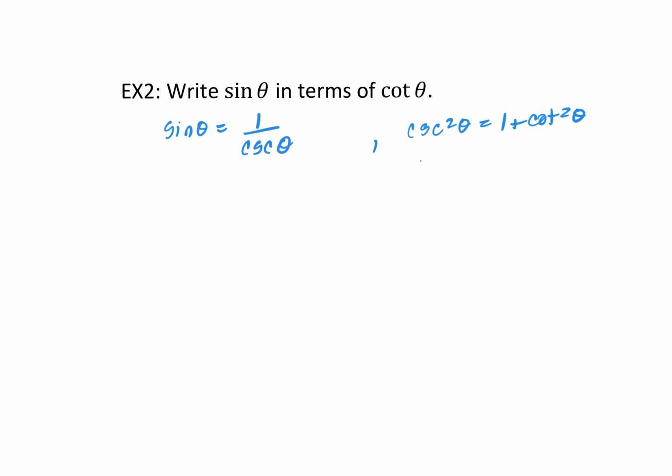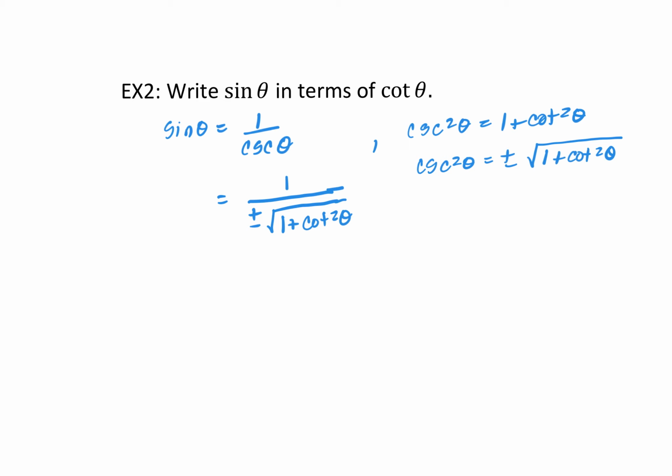So I'm going to solve for the cosecant by squaring both sides and remembering that there's a plus minus in front of this square root. It becomes a plus minus the square root of 1 plus cotangent squared theta. If I knew what quadrant this was in, I could choose the negative or the positive, but I actually don't. So the best I can do is replace the denominator with both the plus and the minus square root of 1 plus cotangent squared theta.